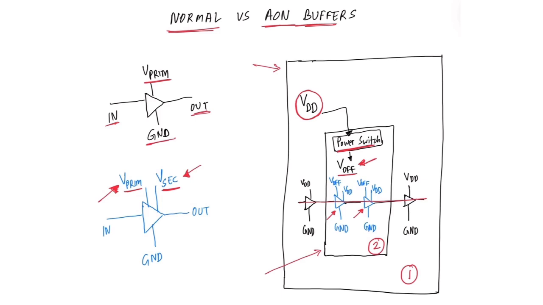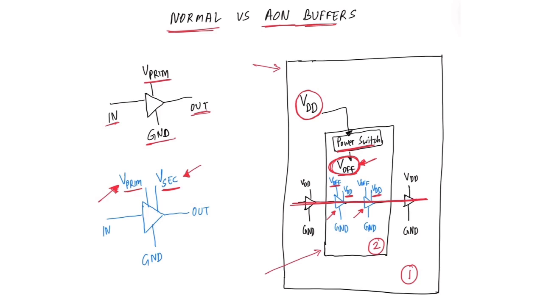So that is why we need to use always on buffers inside voltage area 2 so that even when V off is turned off, we have a secondary power pin which is connected to the always on power, which is VDD. So these buffers will remain operational, and even when V off is turned off, we won't have any signal integrity issues on this always on net which is passing through this power down voltage area.